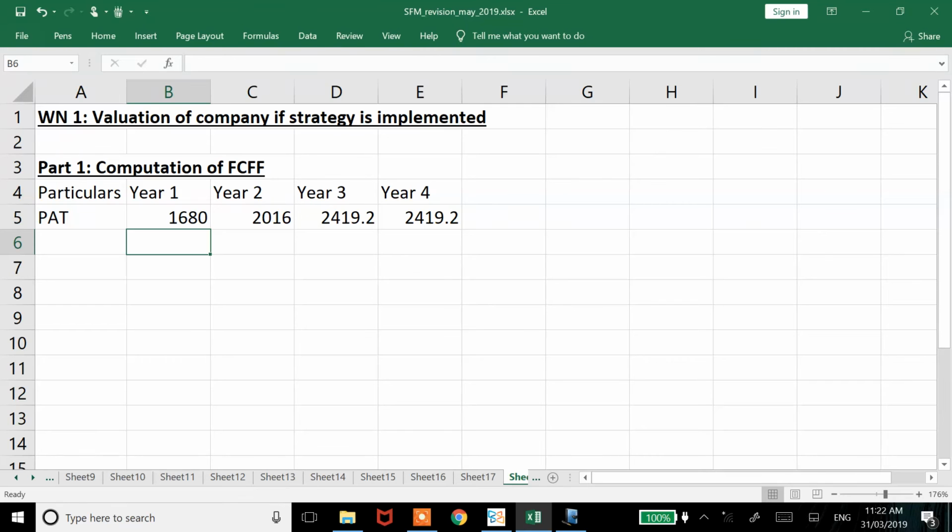PAT will grow by 20%. Any doubts on this? The fourth year I have kept the same amount because the growth is only for 3 years. Fourth year we have copied the same amount.